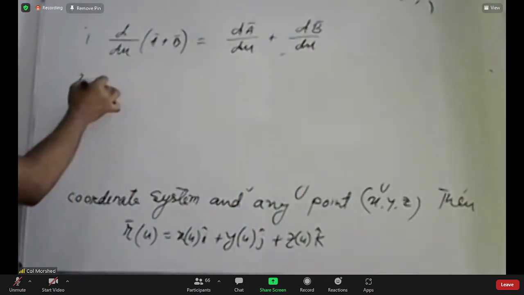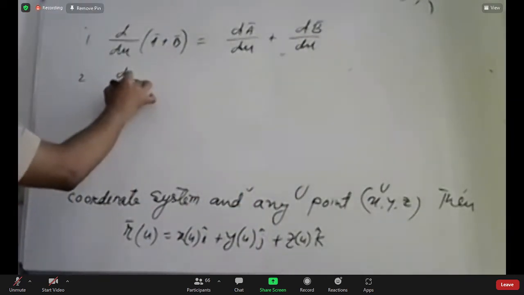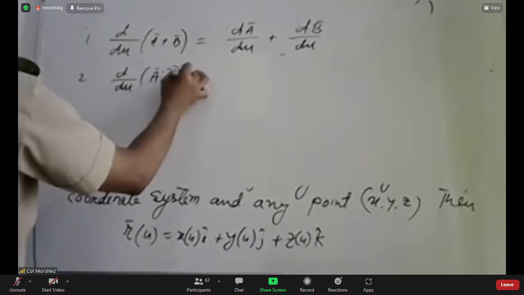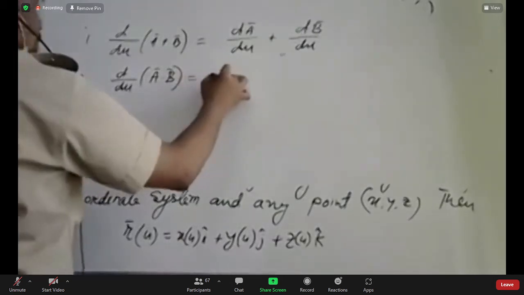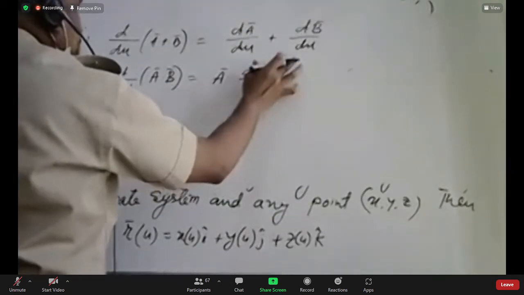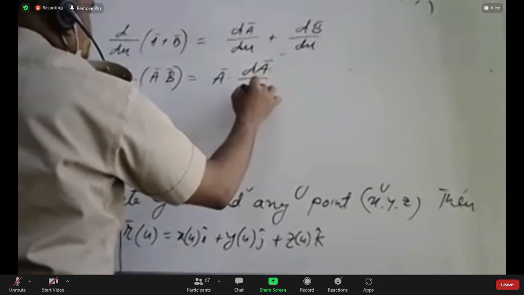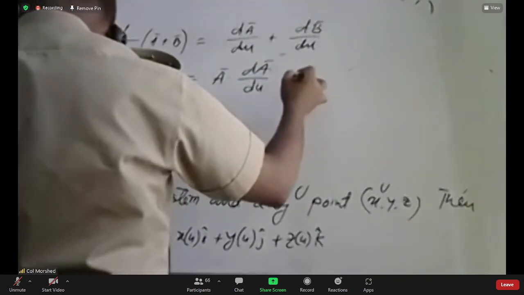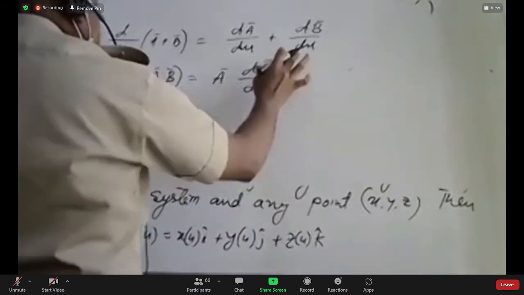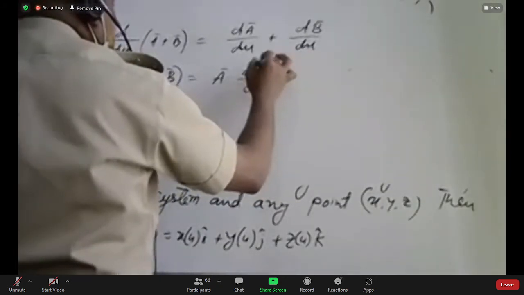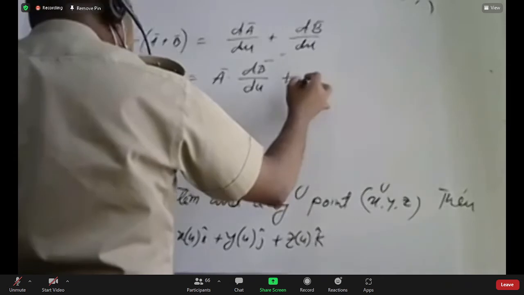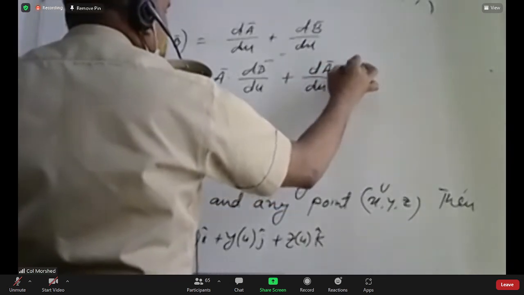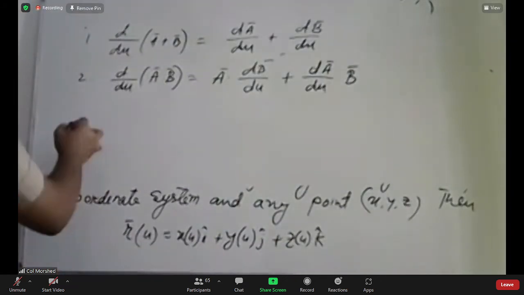Number 2, d/du of A dot B is equal to vector A dot dB/du plus dA/du dot vector B.